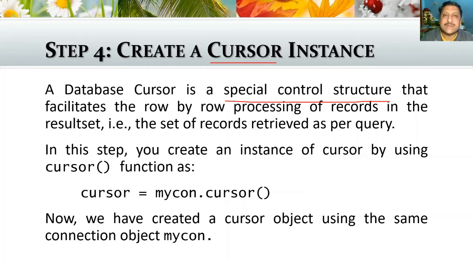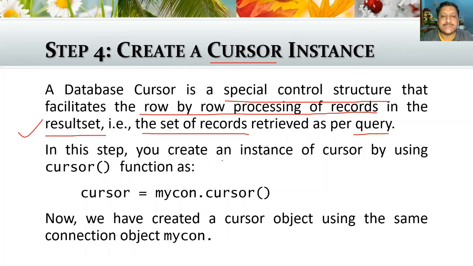In a similar way, a cursor is also a container where records or rows of tables are stored. It is a control structure that facilitates row by row processing of records in a result set. The cursor collection is known as the result set, the set of records retrieved as per the query.